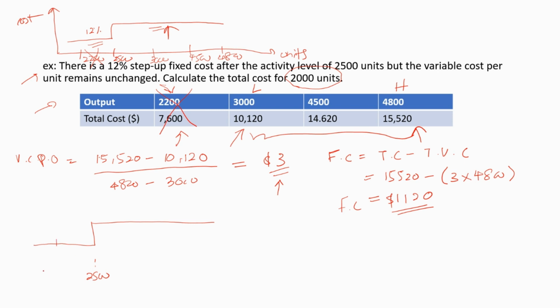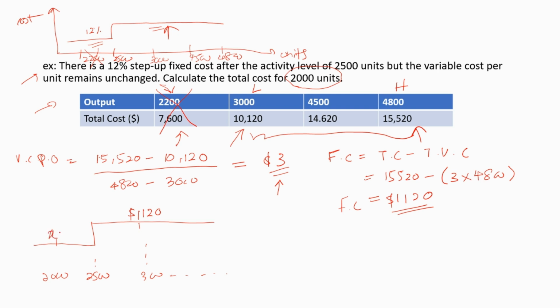Now they are asking the total cost for 2,000 units. Here is the 3,000 activity level and so on. So now we know the fixed cost after the 2,500 units is equal to 1,120.